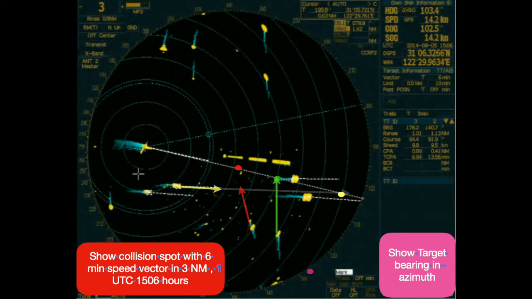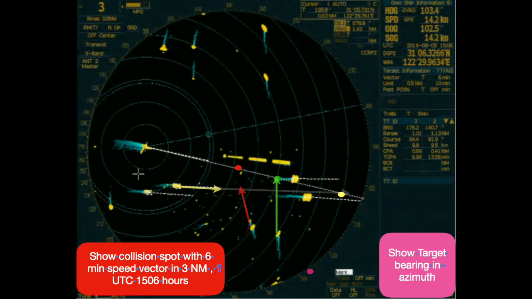The towing tugboat vessel is right now showing us a red speed vector, and we calculate our assumed collision spot as a red spot, because own ship and this tug vessel were arriving at the collision point at about the same time, so the collision is unavoidable if nothing is done to avoid it.